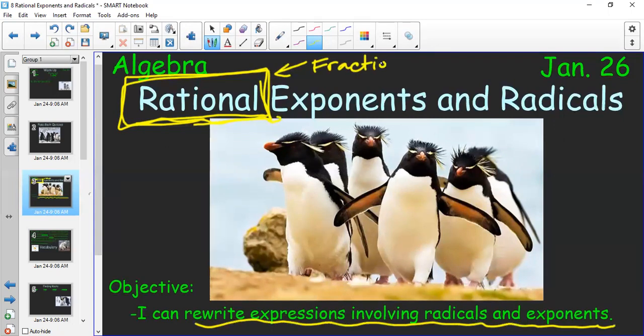So we're going to discover what fraction exponents mean. Like if I have 4 and I'm raising it to the 1/2 power, what does that really mean? We're going to discover that today, and it's going to relate to radicals, which we'll talk about on the very next page.